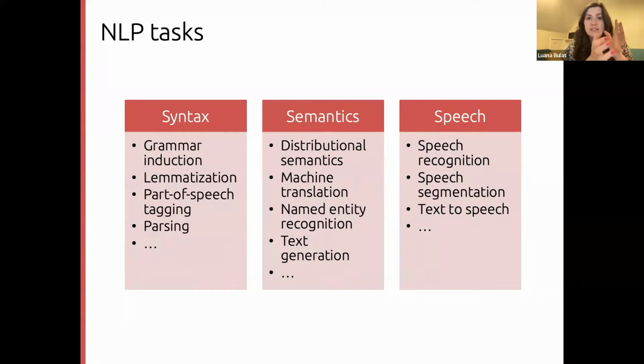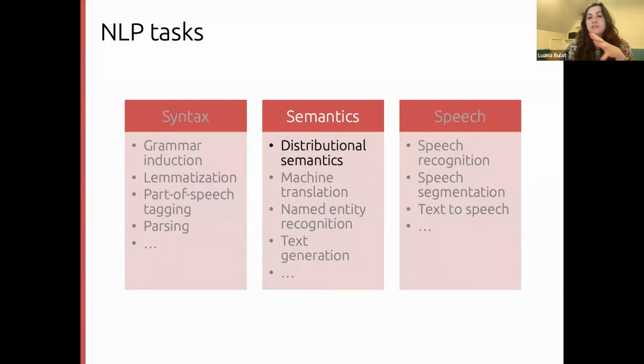Lemmatization is a task where you want to return words to their base dictionary form. Named entity recognition, that's an important one, where given some unstructured text, the task is to classify named entities, so names, into predefined categories such as person names, organizations, locations, and that helps us understand what's happening in the sentence.